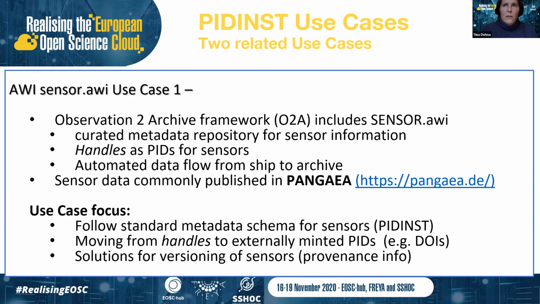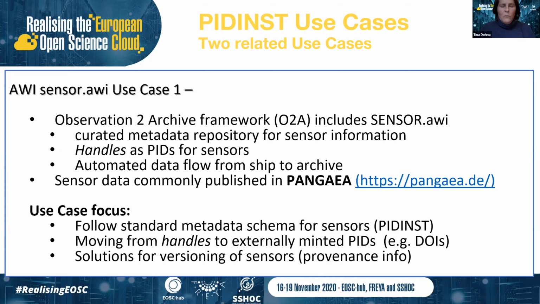And they currently use a handle system for their sensors. Whenever a sensor is deployed, it gets this handle, and with it also comes the provenance information of what happens then, what other sensors it is combined with, things like this. The data is then commonly published in Pangea. They want to follow in the future the metadata schema proposed by the PIDs group, and move from these internally minted handles to DOIs, which has not happened.